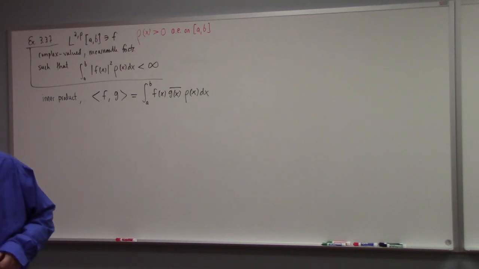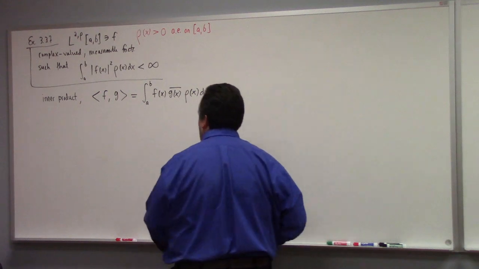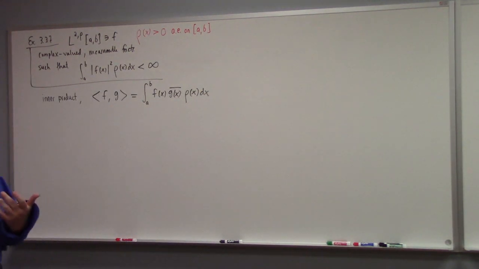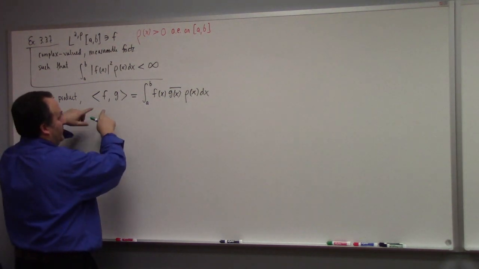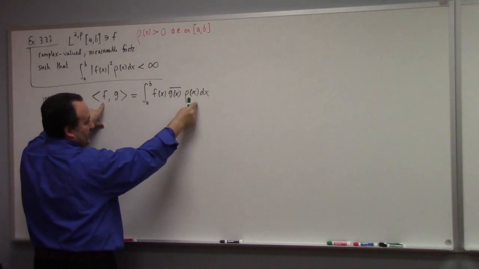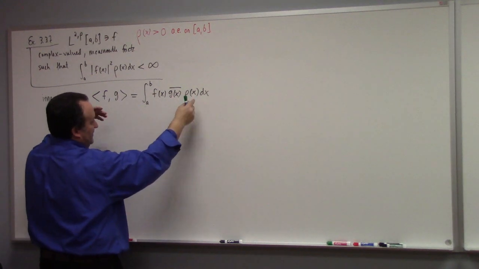Let's take a look at his argument. He says that this is a Hilbert space. I won't bother with the uninteresting parts too much. It's pretty clear that this is positive. If you put f and f here, you've got an integral of f bar times rho, so that's like the norm of f squared times a positive function.